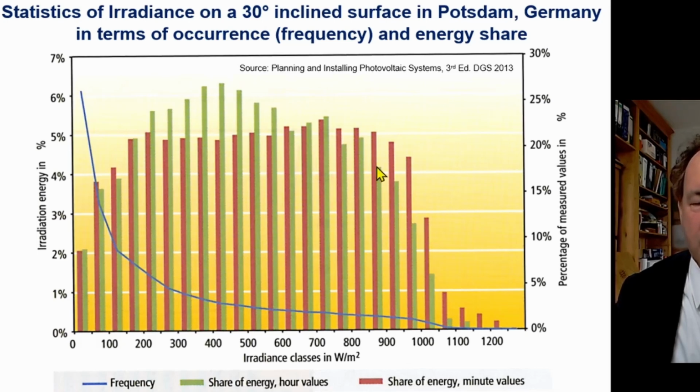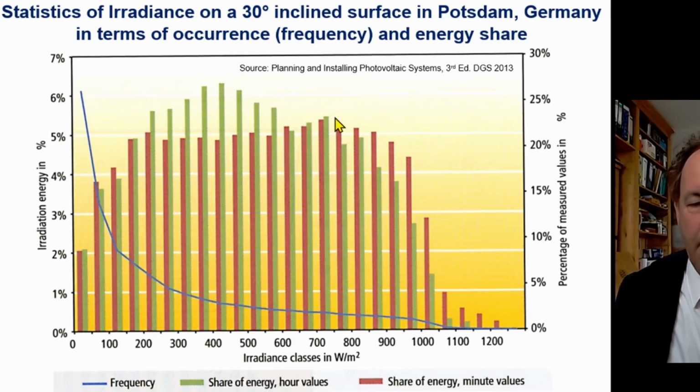I showed you also another statistics which was for horizontal irradiance level, where in winter the sun is very flat and the frequency of low irradiance levels increases, and therefore you see an increase in the statistics on this other graph I showed you in the irradiance chapter. The main interesting thing here is that you have minute values. So you see that at minute values you have a much higher share in high irradiance classes.